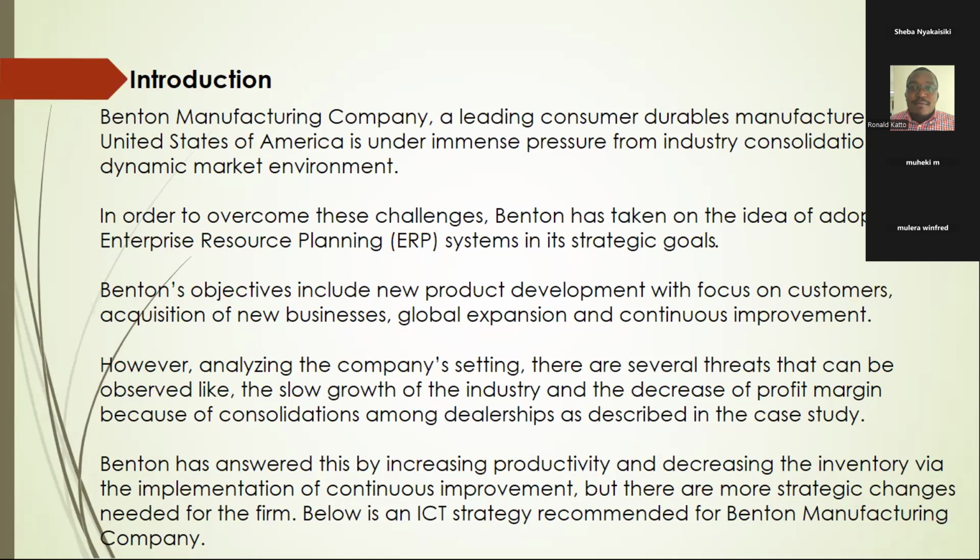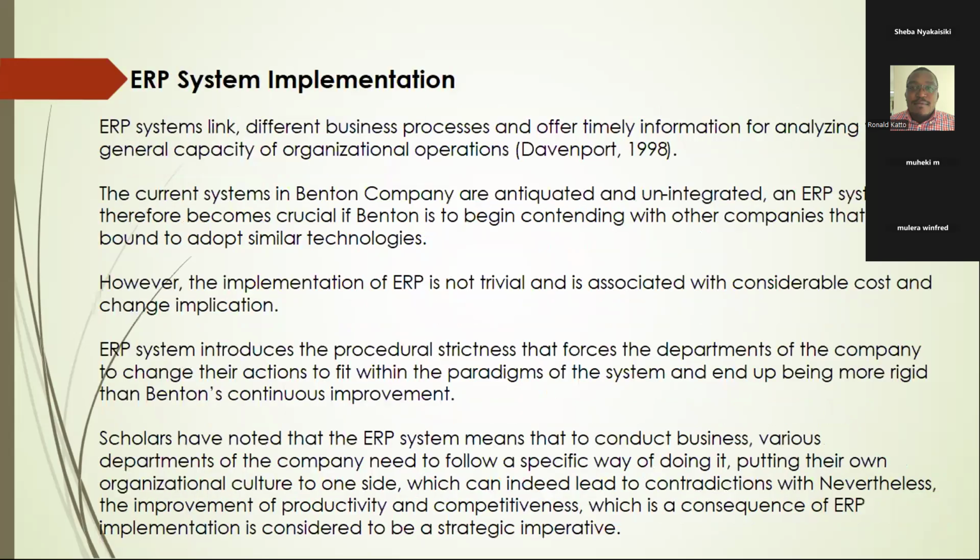Hence, Benton has answered this by increasing productivity and decreasing inventory through the implementation of continuous improvement, but there are strategic changes that will need to be deployed to achieve the goals, and hence the ICT strategy recommended as we made our search on the study is as follows.